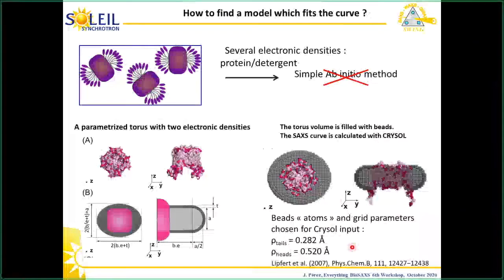And we have selected those atoms and the grid also, so the distance between the beads that fill the volume, in such a way that the resulting density really corresponds to the known density of hydrophobic tails and of the hydrophilic heads of the detergent.